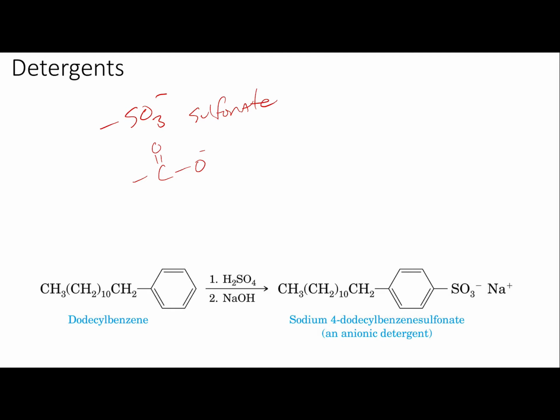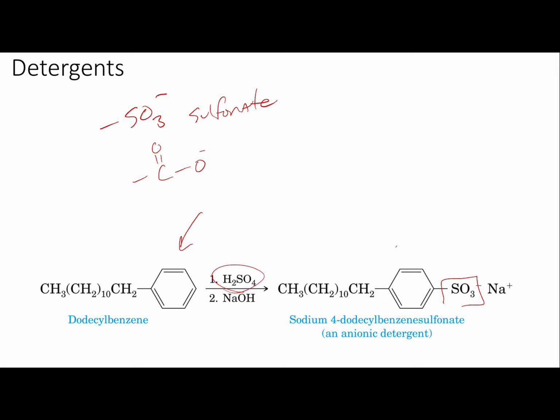Well, it's synthetic because it's not made by nature. They call them SDS, a linear alkyl benzene sulfonate, LAS, and it's an anionic detergent. So you can see here they take dodecylbenzene, they react it with some sulfuric acid to produce this guy.